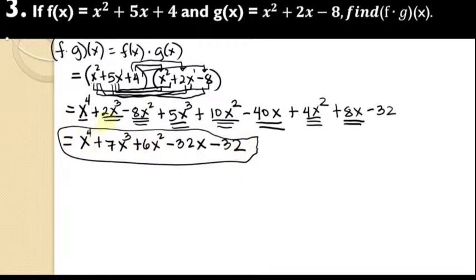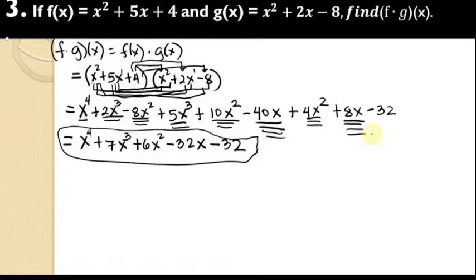Okay, check natin. 2 and 5, that is 7, negative 8, 10, and 4, so that is positive 6, then 32. Okay, so that's correct. So apat ito, apat.